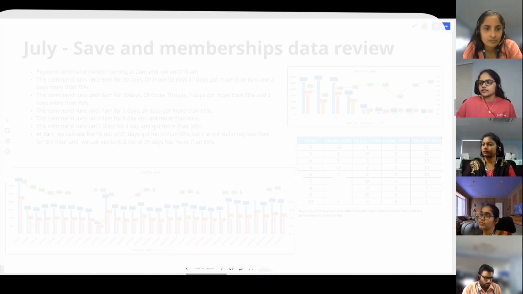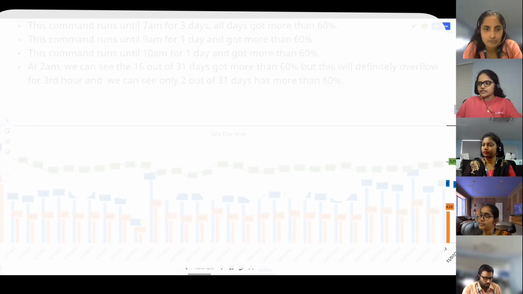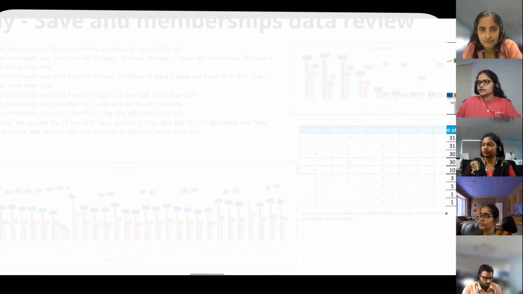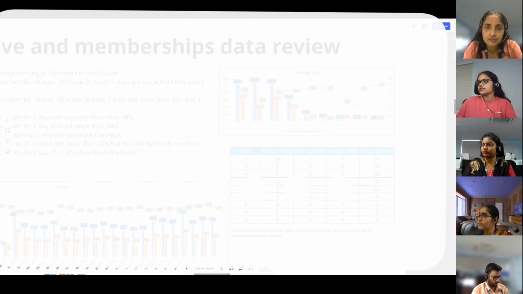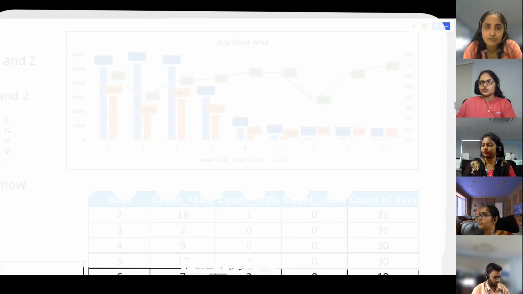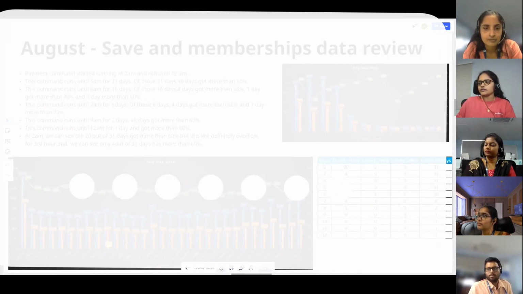You can see this data is distributed day wise. I didn't get any solution by dividing by day, so then I divided it hour wise, like this: 2 a.m., 3 a.m., 4 a.m., like that. I distributed the data hour wise, and the same thing I did for the August month as well.